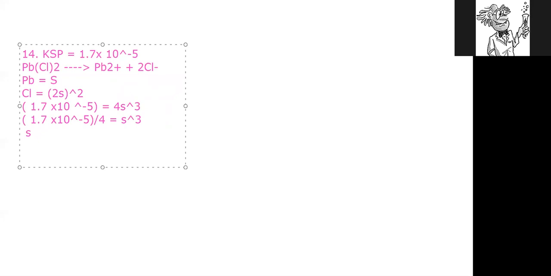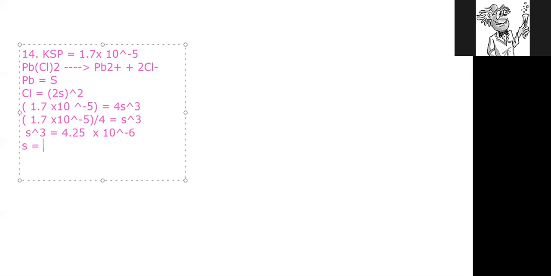I'm going to get 1.62 times 10 to the negative 2, no wait, 4.25 times 10 to the negative 6, so S is going to equal that cube root. You agree? Yep. Sounds good to me. Done.